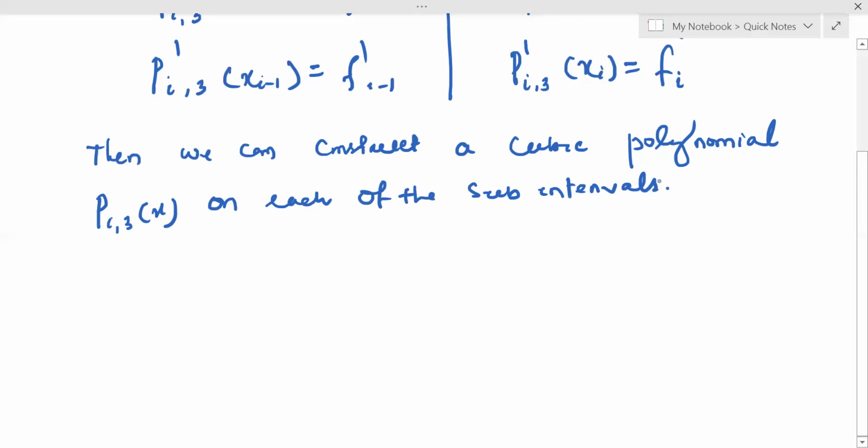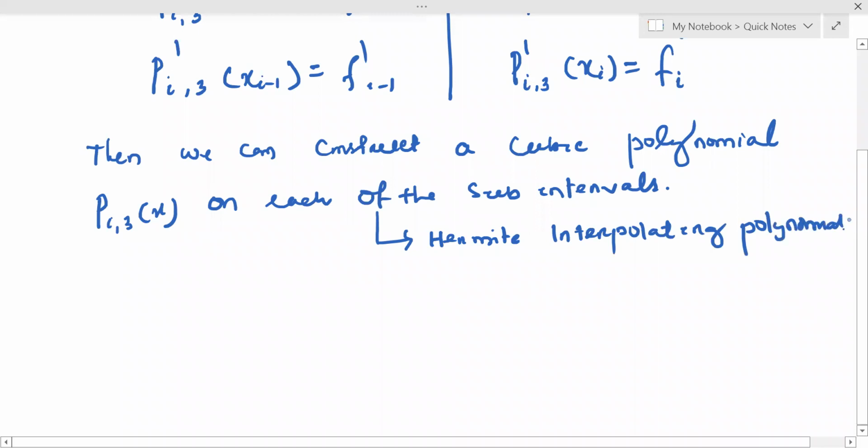The polynomial thus obtained is called the piecewise Hermite interpolating polynomial. This type of polynomial is basically called the Hermite interpolating polynomial.